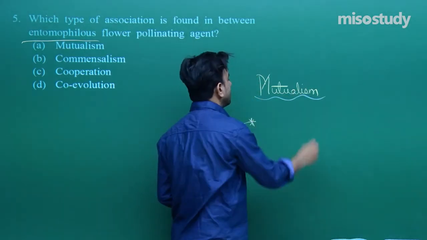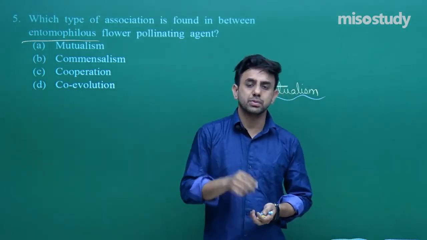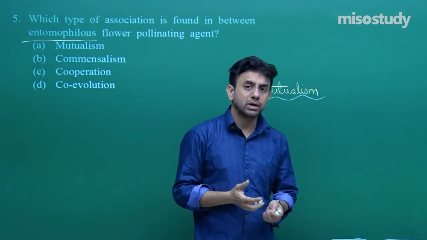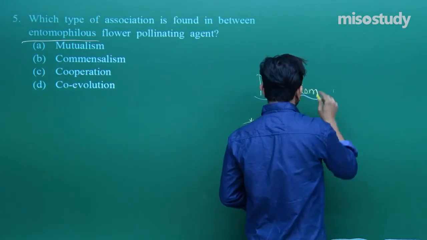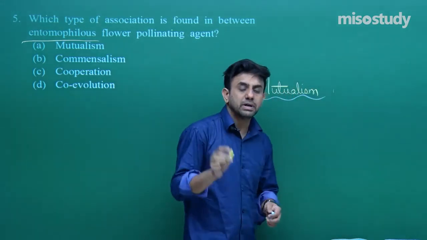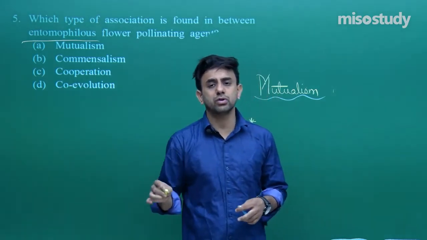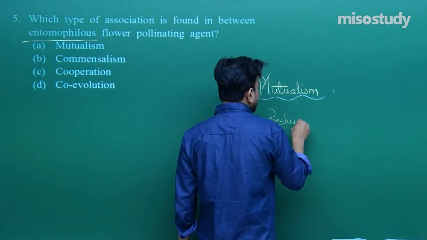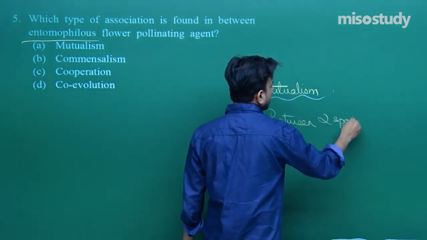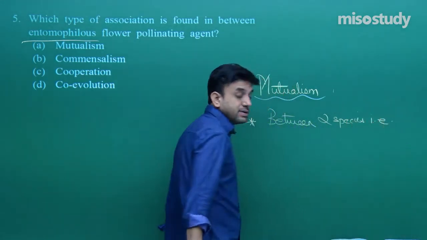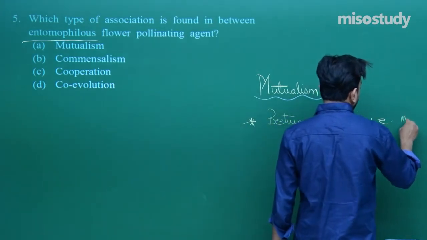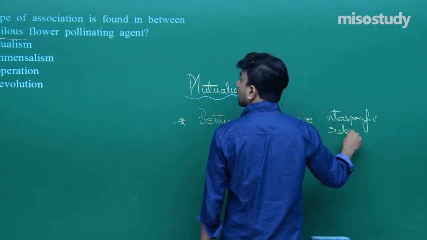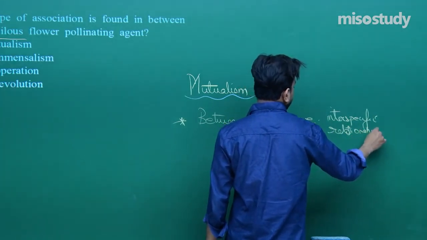See these relationships, mutualism, commensalism, parasitism, whatever relationship we are talking about, it is an interspecific relationship, that is always between two species. We are on to the fifth question.